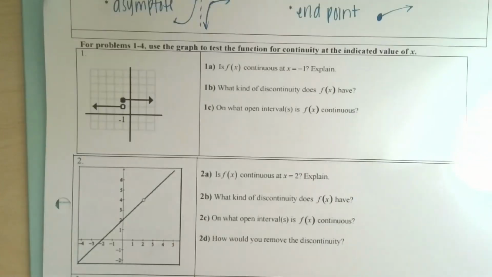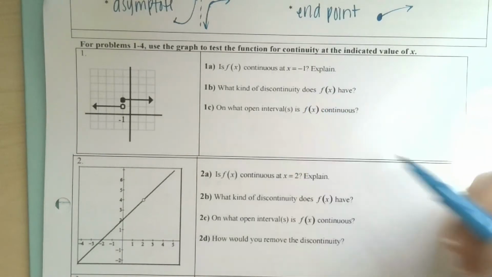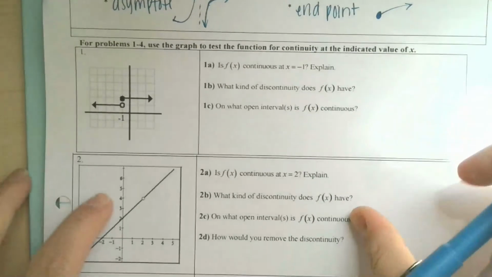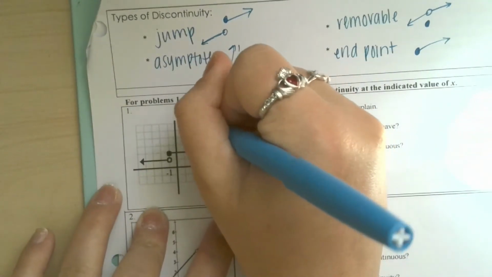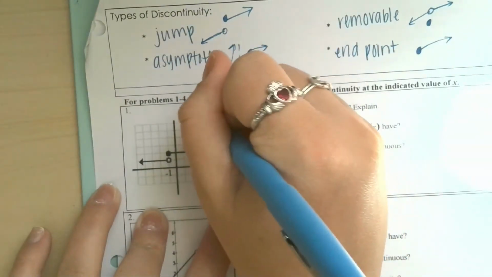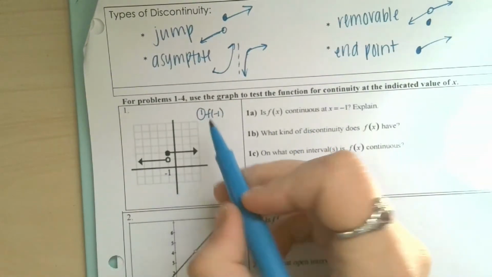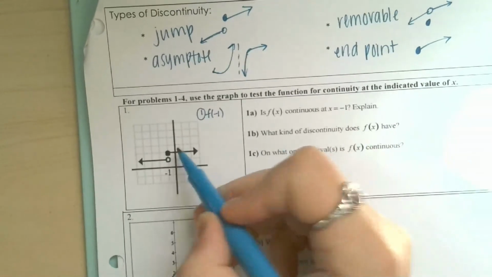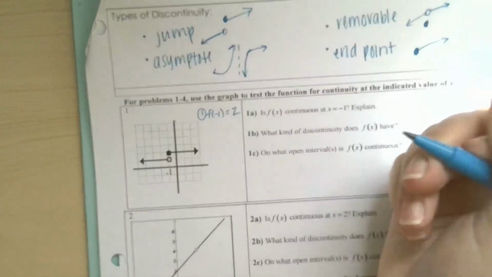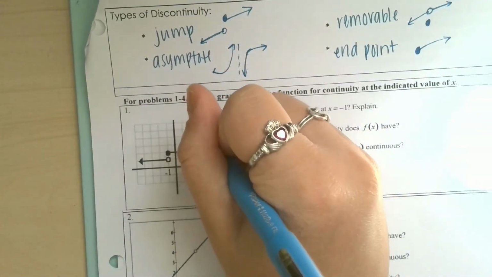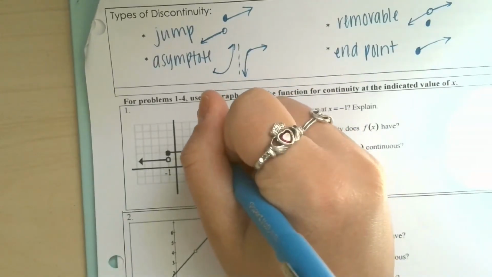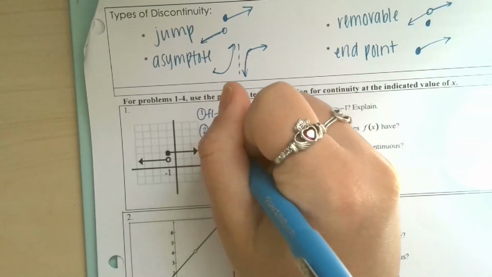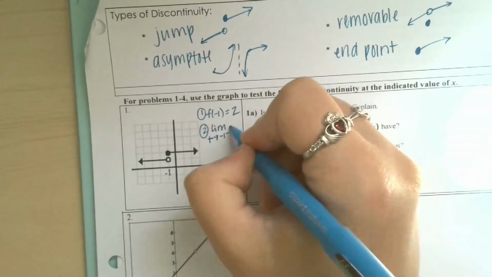Now we're going to work with some graphs to identify them. First one: is f of x continuous at x equals -1? I'm going to go step by step. Remember our first one, we want to know what is f of -1. If we look, that has a value of 2. Second step, we need our limit. The limit as x approaches -1 from the left equals 1.